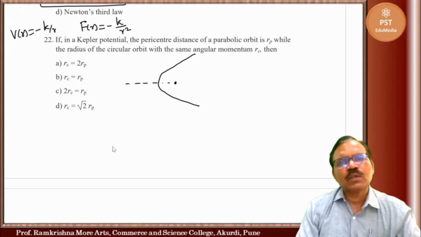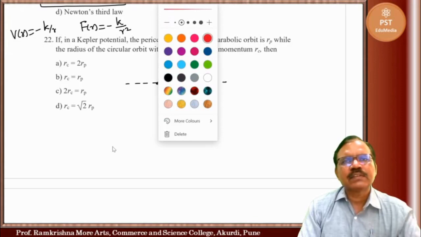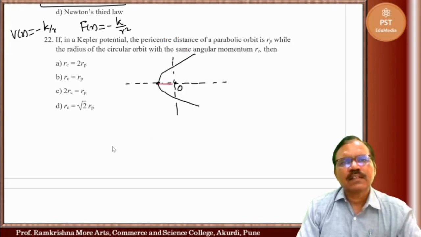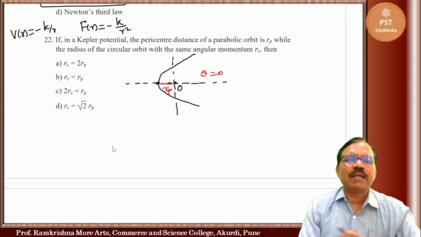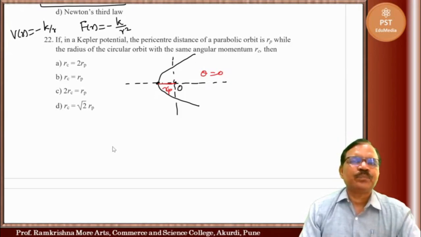Suppose we give a coordinate system. Now this one is the pericenter, O is the pericenter, and this distance is rp. So we take theta equal to 0, theta being the angle made by the radius vector with the horizontal axis.